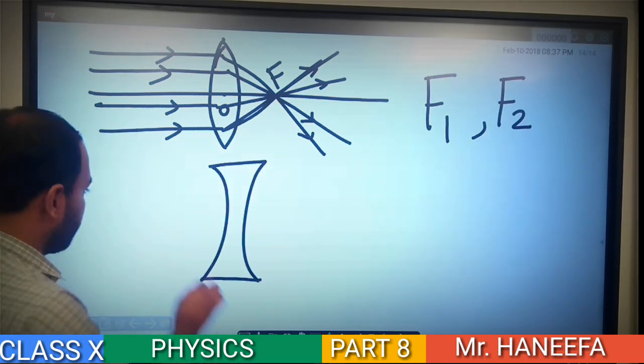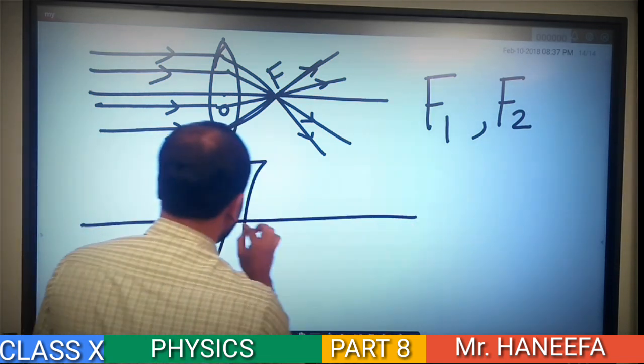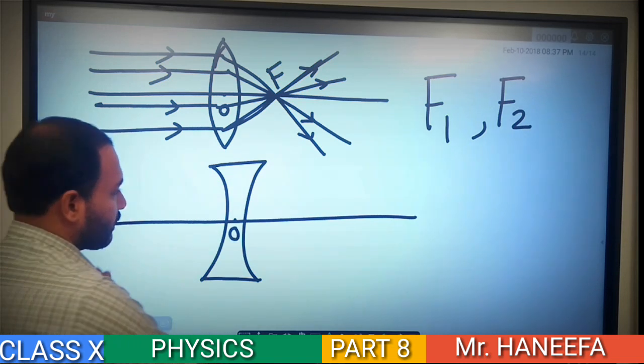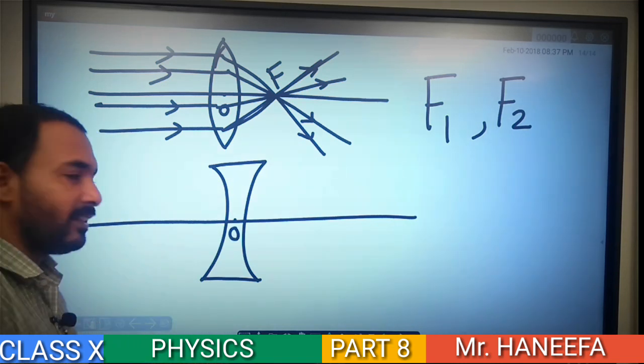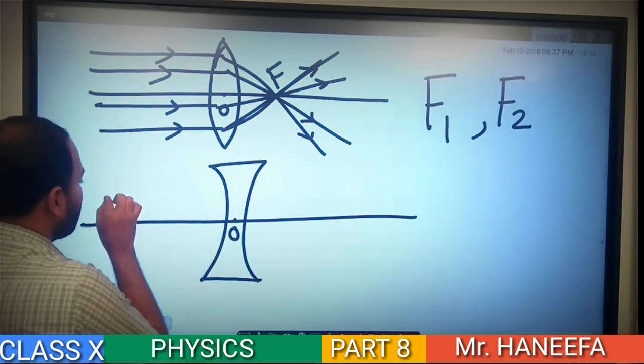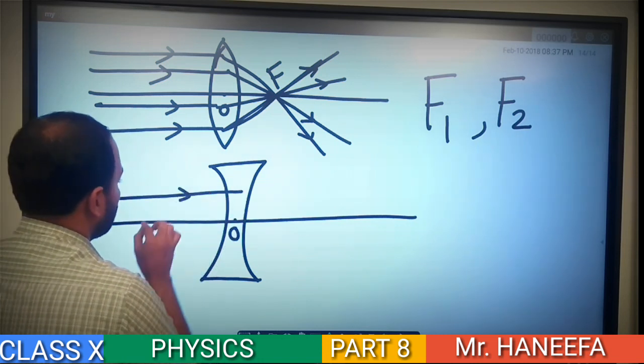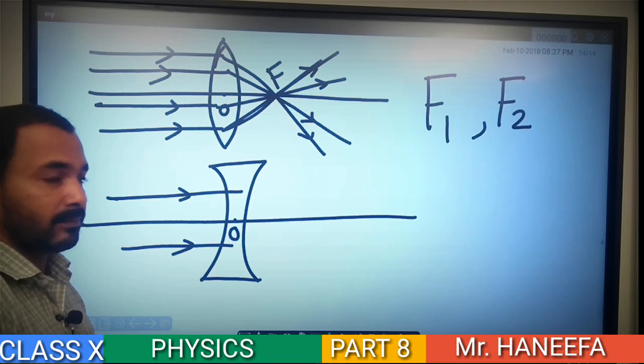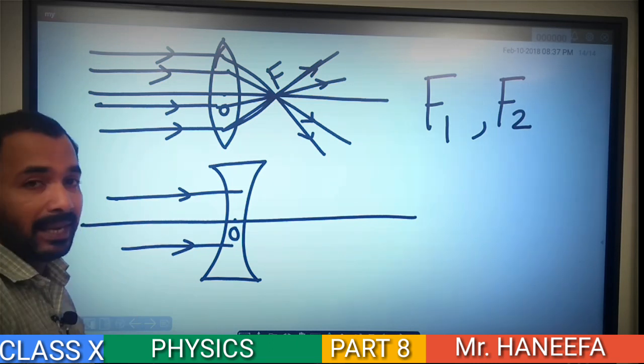concave lens, this line is called principal axis. Here is the optical center. So we consider two rays parallel to the principal axis.